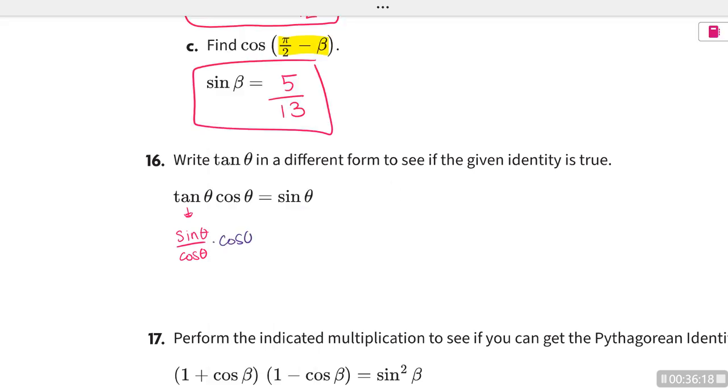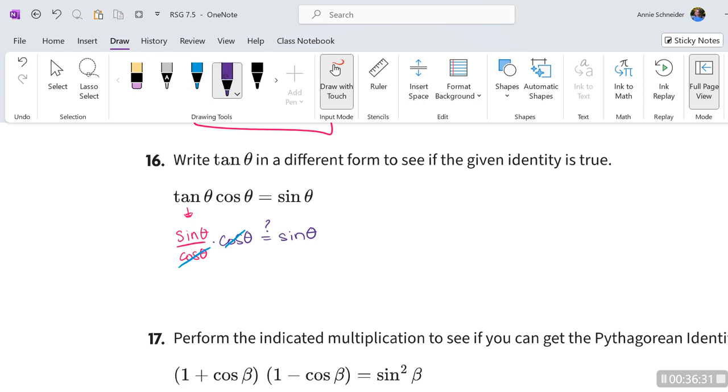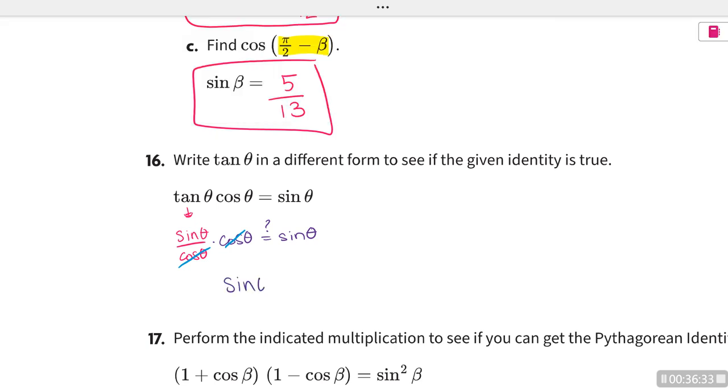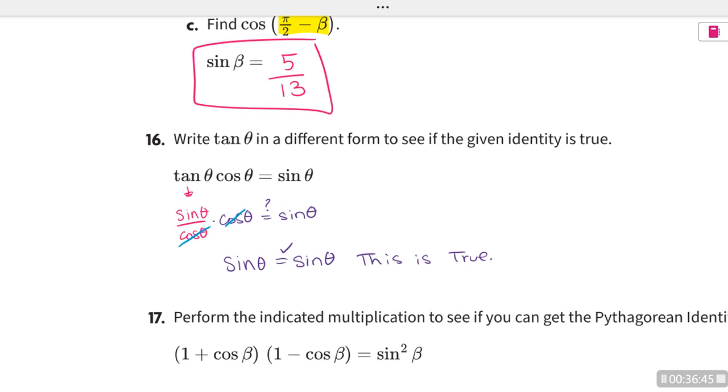So times cosine of theta equals sine of theta. So is this actually true? Well, here we see that cosine in the numerator and cosine in the denominator will reduce out. So we're left with just a sine of theta on this left side and a sine of theta on this right side. So this is true.